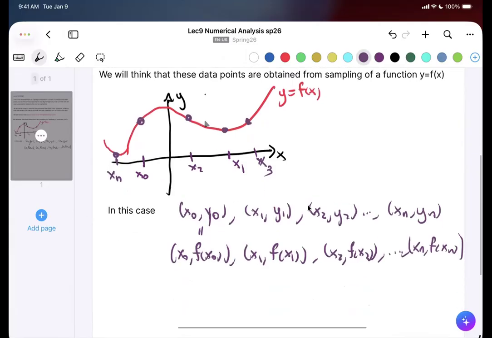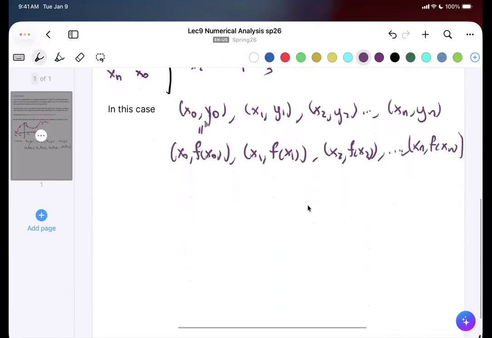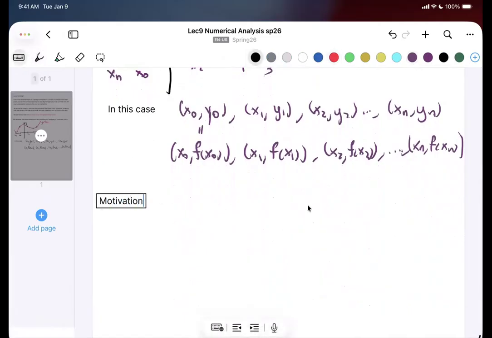let me just give some motivation of how to think about this. Let's say the degree n.